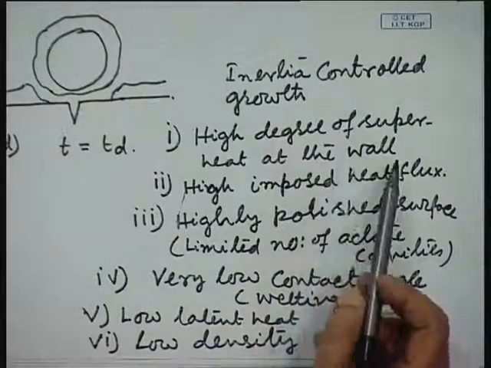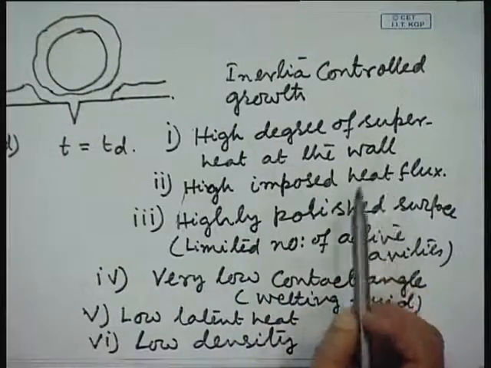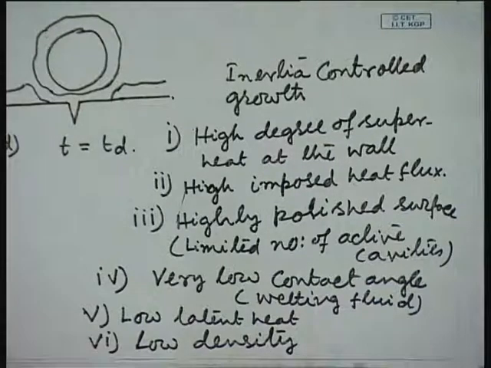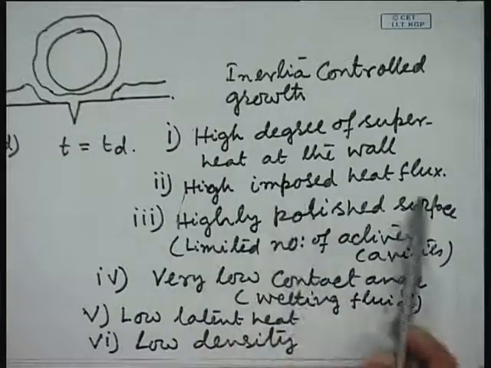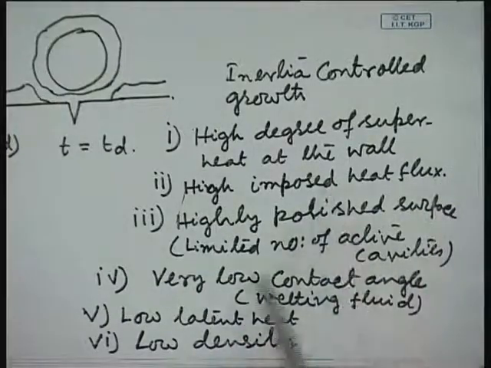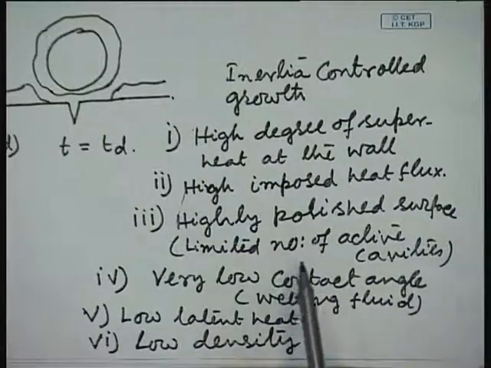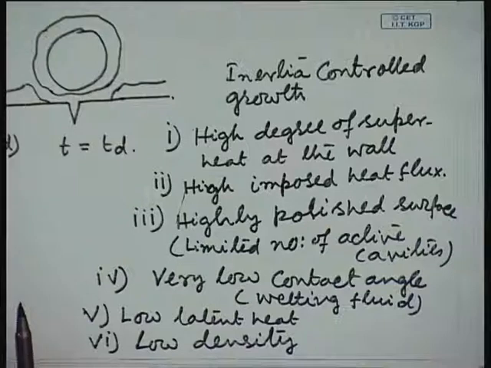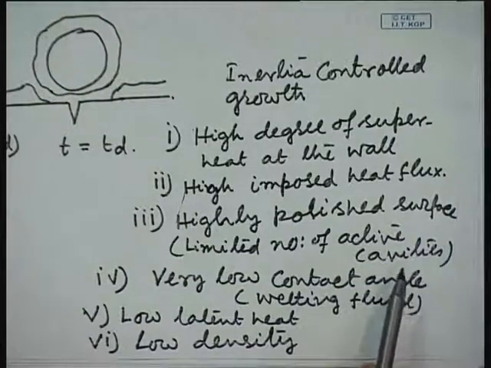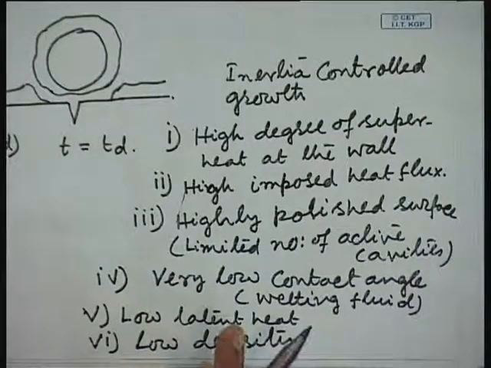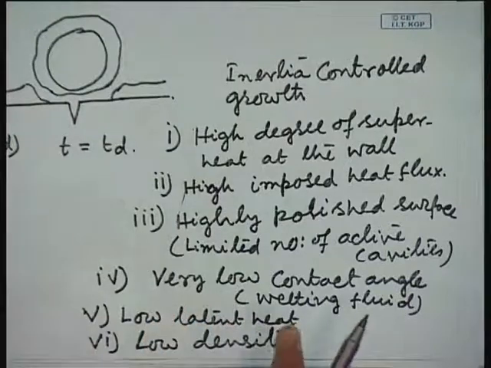High degree of superheat means the wall temperature is very high, the surrounding liquid temperature will be very high. So, heat transfer will be predominant. High imposed heat flux is also the same thing. Highly polished surface, what will it give? That means it is giving a limited number of active cavities. So, close to one cavity, there is no other cavity.